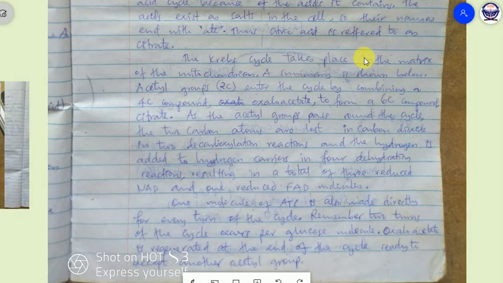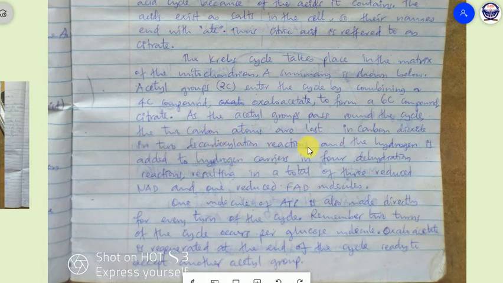Now the Krebs cycle takes place in the matrix of mitochondria. A summary shown below. Summary of a Krebs cycle, tunakuwa tuna acetyl group enter the cycle by combining with a 4 carbon compound which is oxaloacetate to form a 6 carbon compound which is citrate. As the acetyl groups pass around the cycle, 2 carbon atoms are lost as carbon dioxide in decarboxylation reactions.